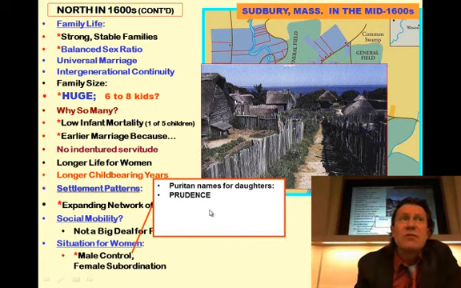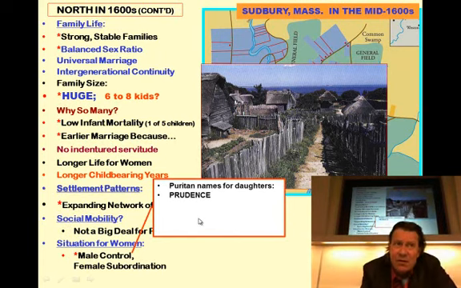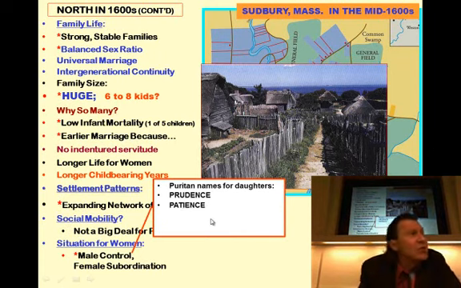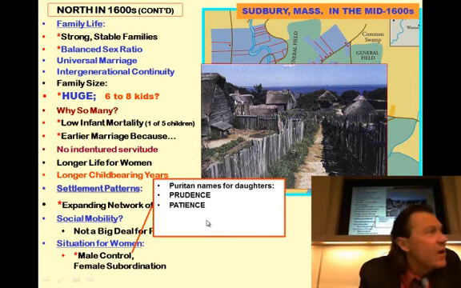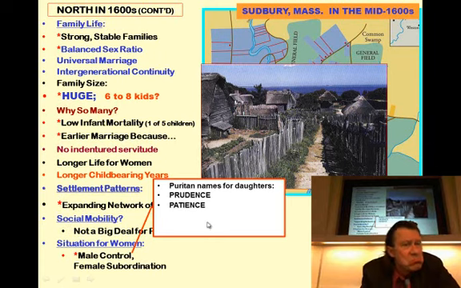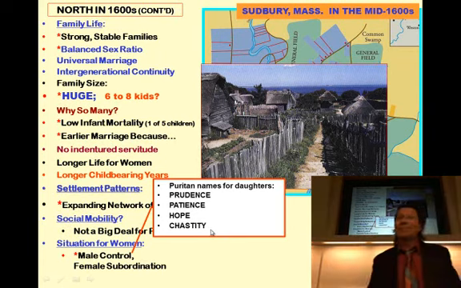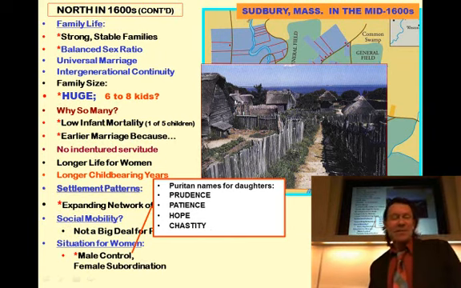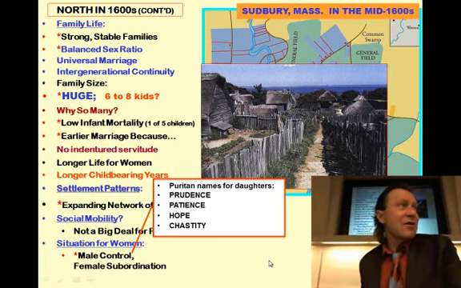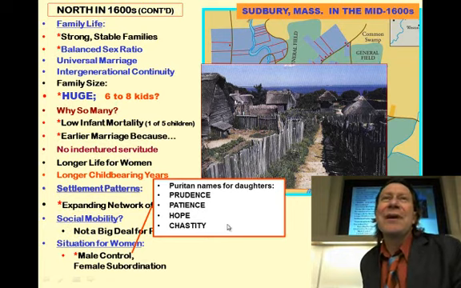Be prudent. Don't be reckless. Patience. Your role in life is to be patient. Hope. It's good to have hope. Chastity. Practice chastity. In other words, these people are not calling their daughters Jezebel or Ruby or something like that.